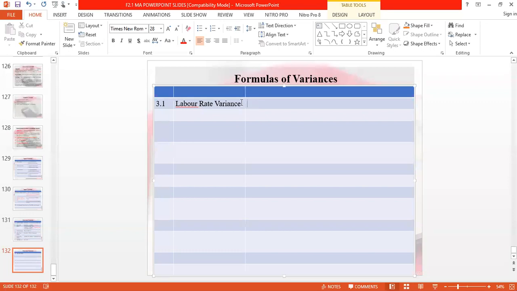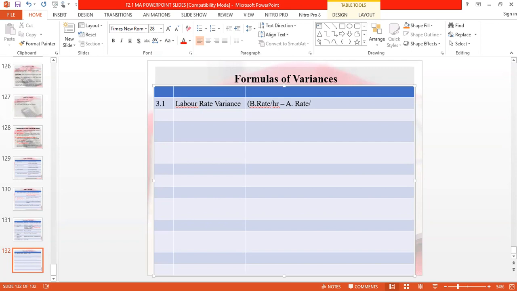Labor rate variance is equal to budgeted rate per hour minus actual rate. This is the reason why I wanted to cover this chapter earlier.